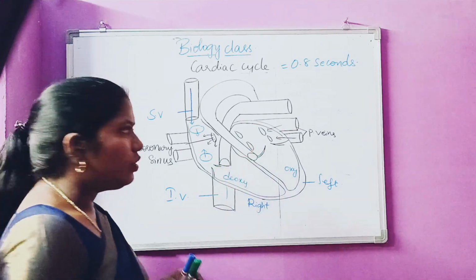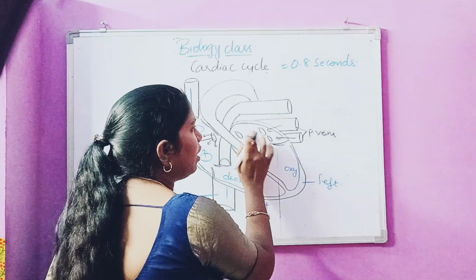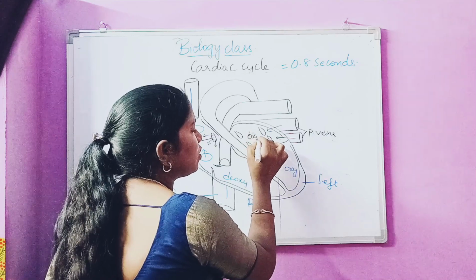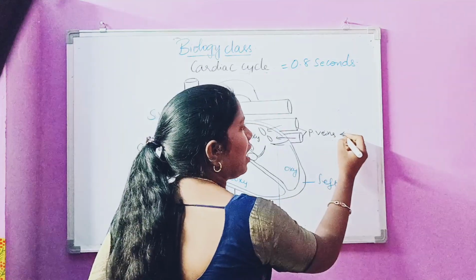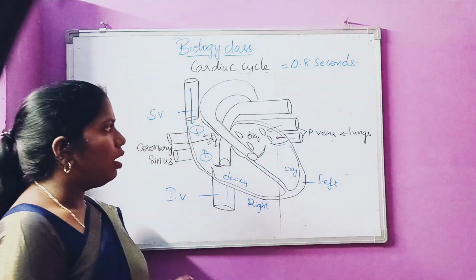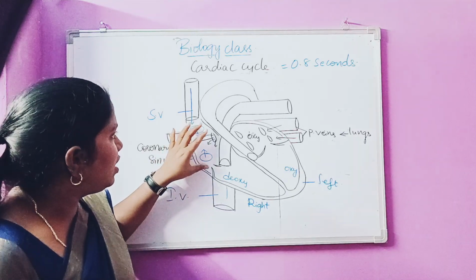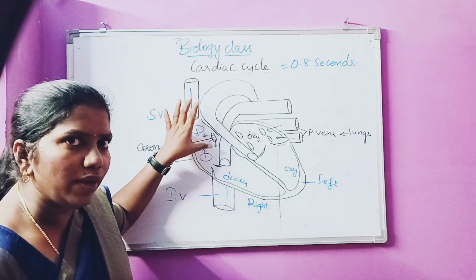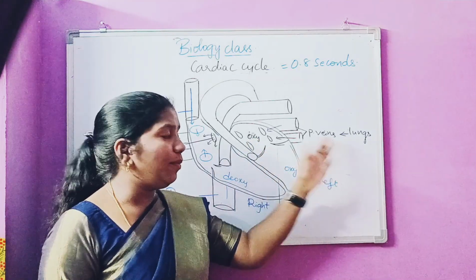So the oxygenated blood is released into the left auricle. These pulmonary veins bring the blood from the lungs. So do you get an idea who is bringing the blood? The blood is brought into the right auricle by the vena cavae. To the left auricle, the blood is brought by the pulmonary veins.